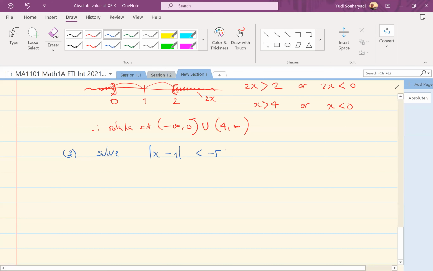Oh, wait, I'm trying to solve it. All right. Any other comments? Others? How do you do this one? 6 is smaller than x is smaller than minus 4. How do you do that one? How do you see this one?